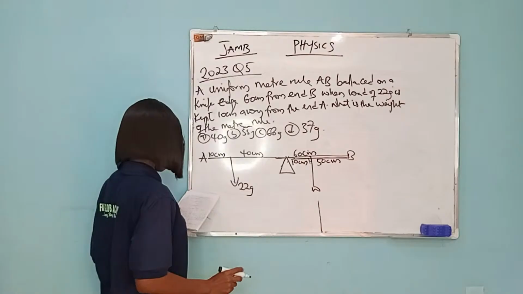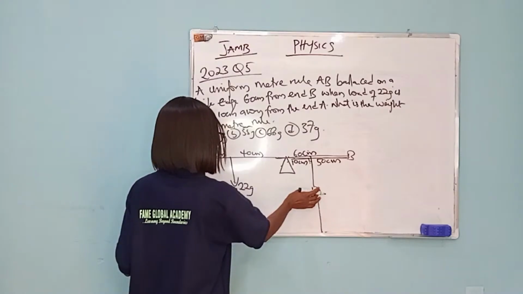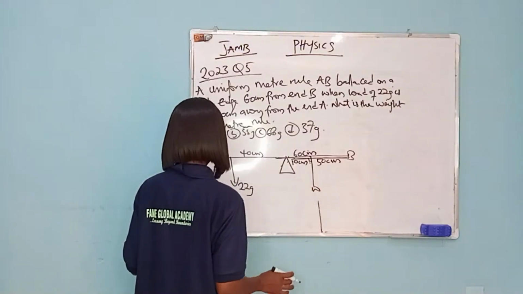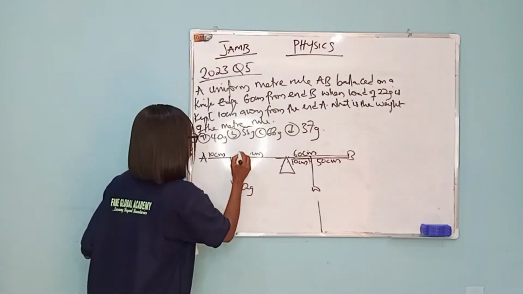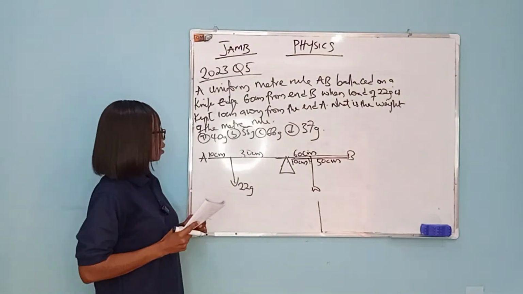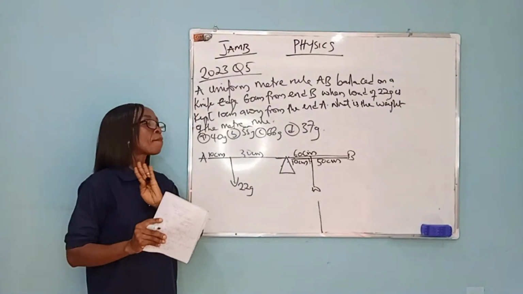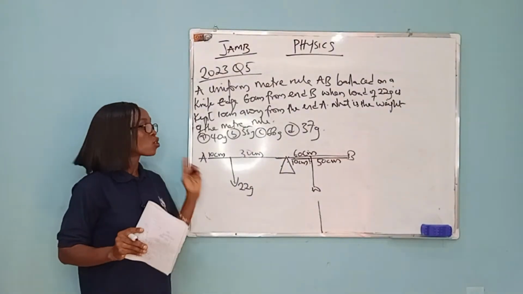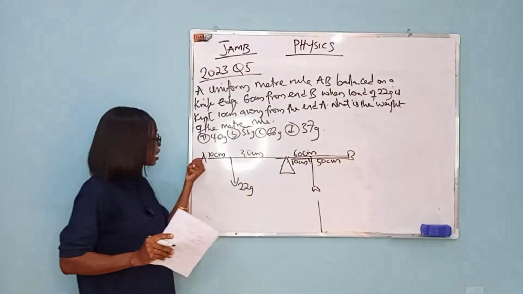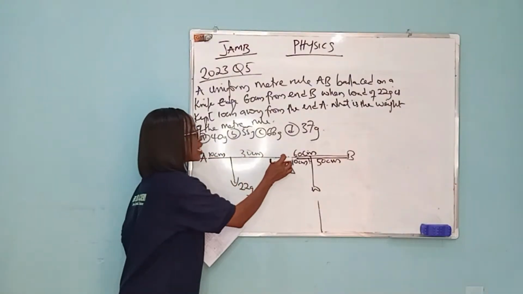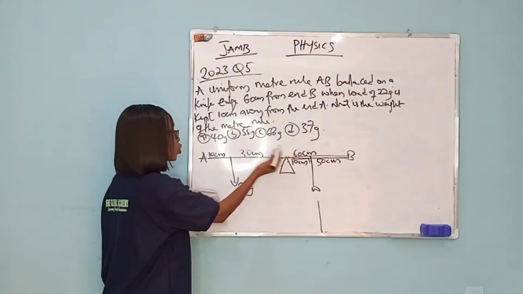And I'm asked to calculate what? W. The meter rule length is 100 cm, which is always the same in the lab, and the knife edge is 60 cm from B, and the load is 10 cm from A. If from the knife edge to B is 60 centimeters, then from the knife edge to A is 40.